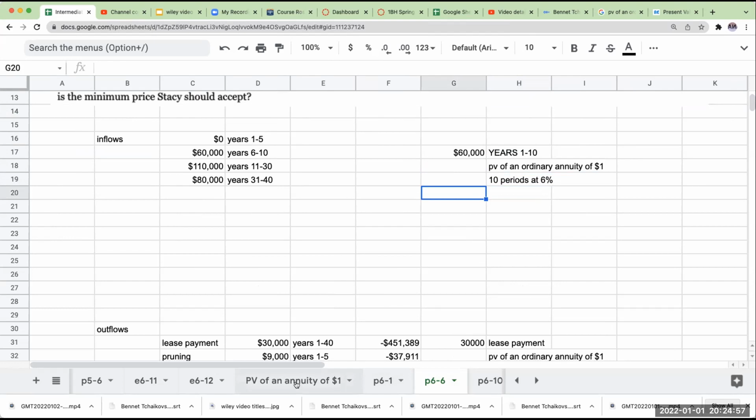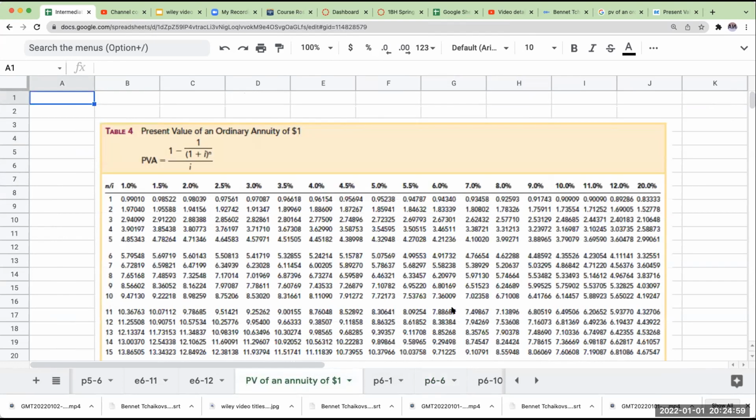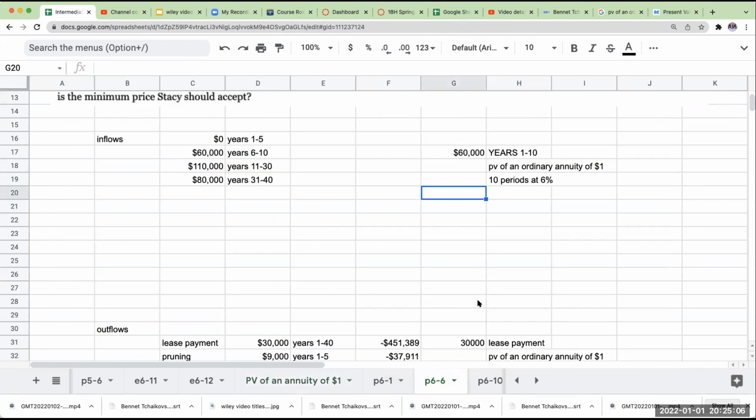So if I come over here, 10 periods at 6%, this is 7.36009. So my present value of years 1 through 10 would be this amount here, but this is not right because in years 1 through 5, we didn't earn anything.